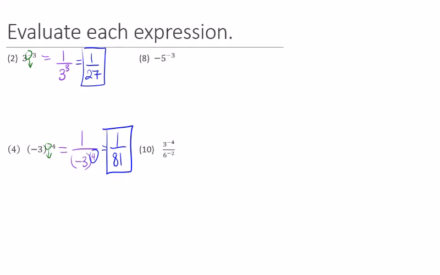So number 8, here we don't have parentheses, right? So this negative 3 only affects the 5, not the negative. So when I drop it, it's actually going to stay negative on the outside, and just the 5 is going to be raised to the positive third power after you drop it.